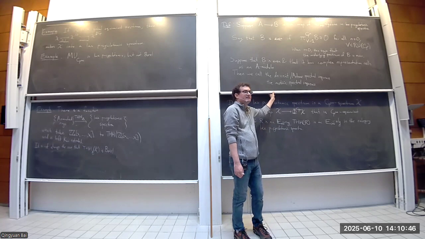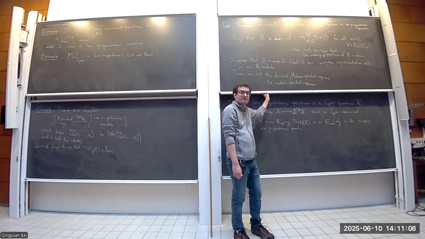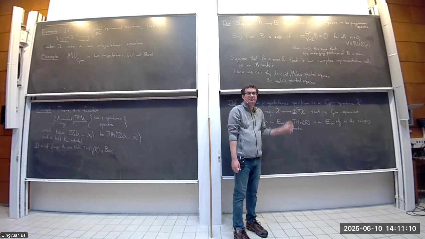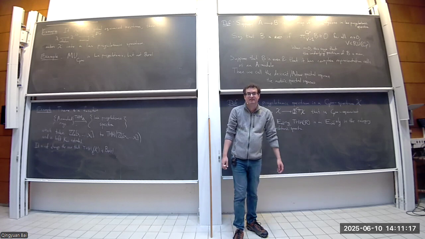I would say that the justification for why this is the correct generalization is going to come from its connections to previously defined filtrations, which I'll try to discuss. We're going to see that this notion captures spectral sequences that were already defined in certain cases. So the point is you only consider complex things, and therefore you always have a two in there somehow. The analog of even is complex representation.